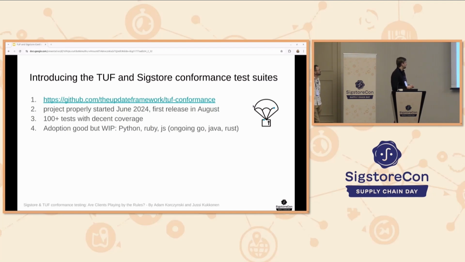Some clients have adopted it: Python TUF, Sigstore Ruby, and Sigstore JS, right? There was a TUF JS. Ongoing work is being done to adopt this into Java, Go and Rust.